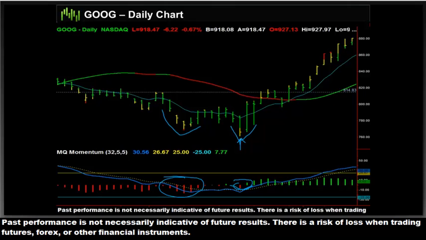We will purchase a delta 70 call because we're looking to see prices move up. Now this is just a straightforward trade. There's other things we can do, and I'll discuss that.